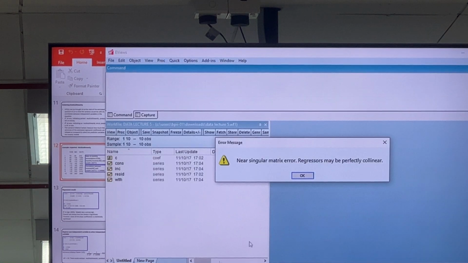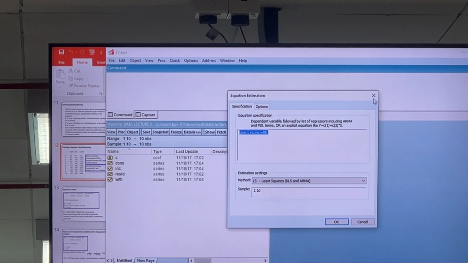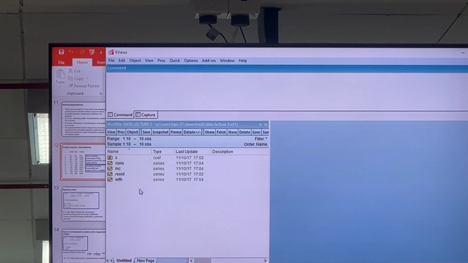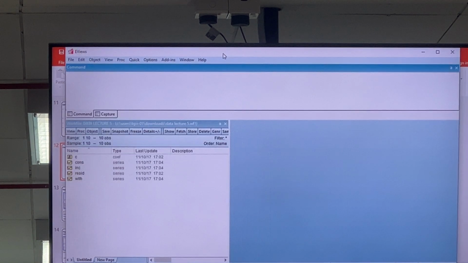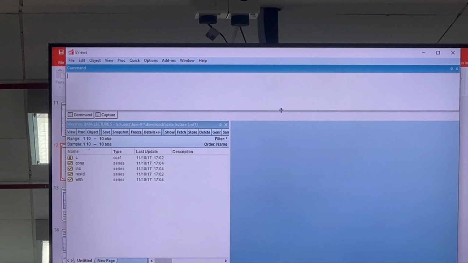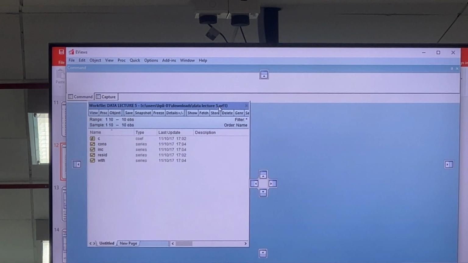So let's say we have this data. You open it as the example. Here our dependent variable is consumption, and we have two independent variables, income and wealth.